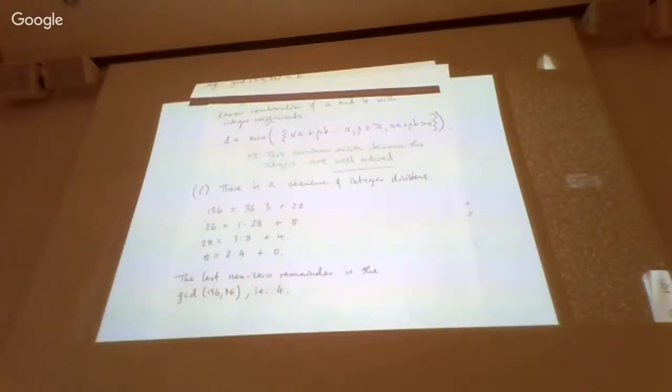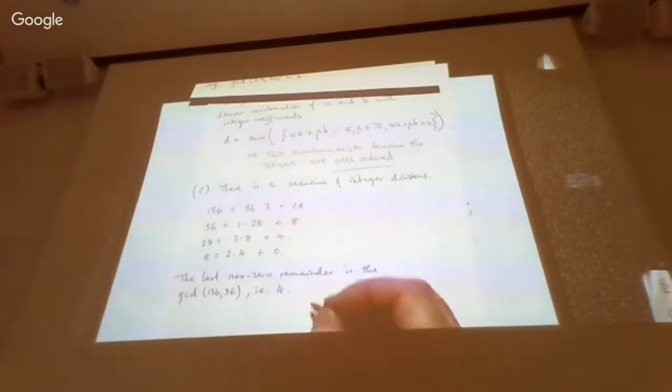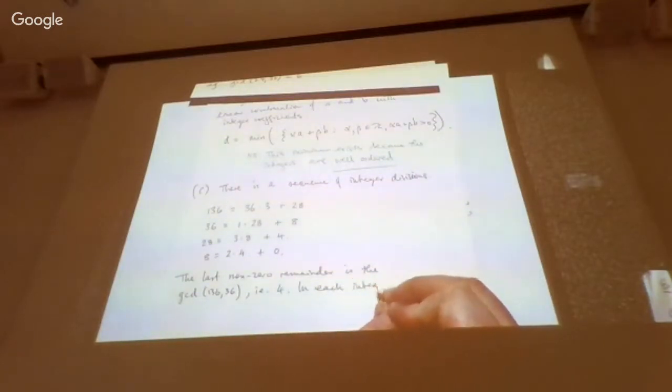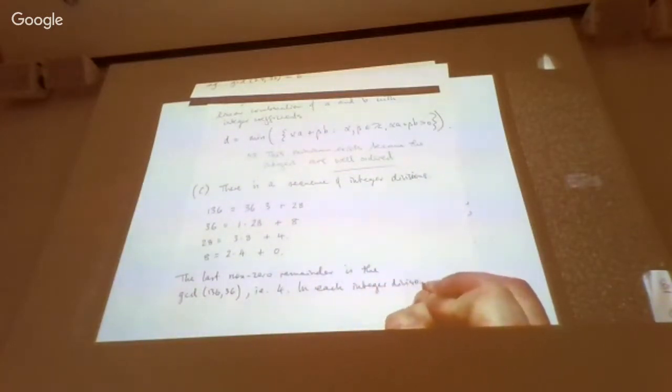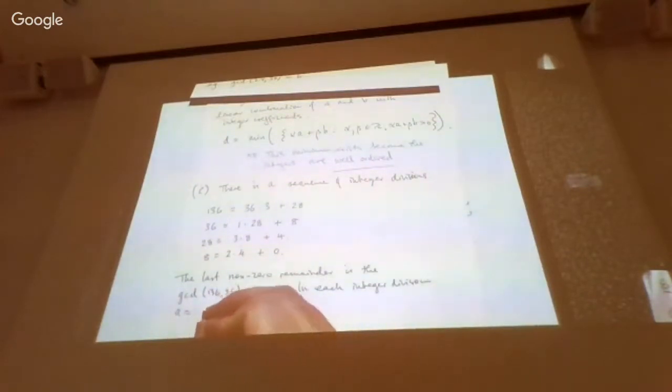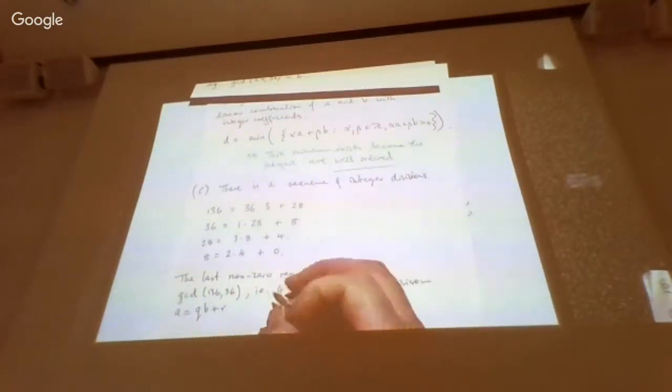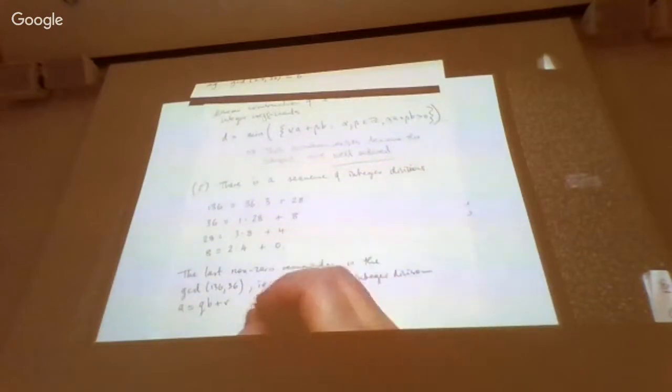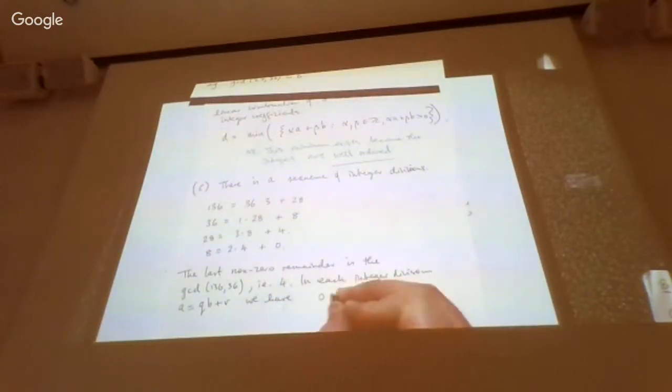Okay, that's the operation of the Euclidean algorithm, but you see, the question is asking more. It says, give a brief explanation for the main steps of the algorithm. There's our sequence of integer divisions, and why the output produced is the GCD. So, in each integer division, A equals QB plus R, say something about the remainder.